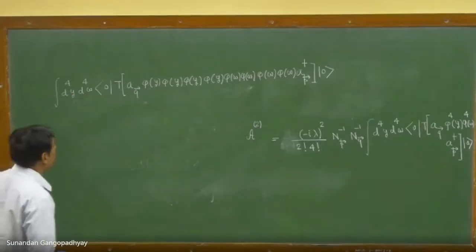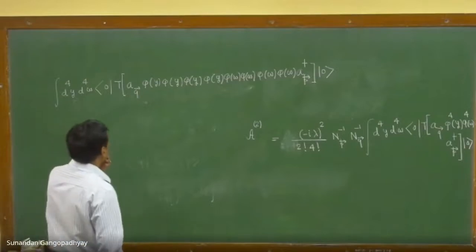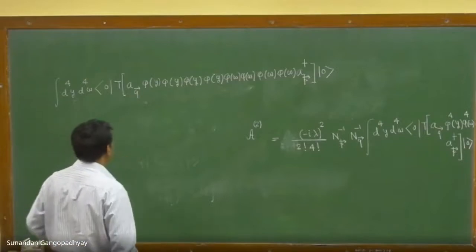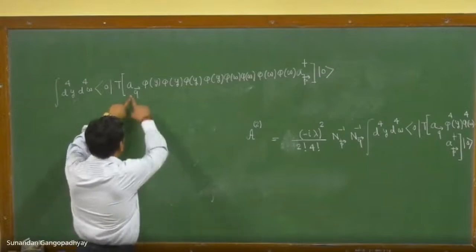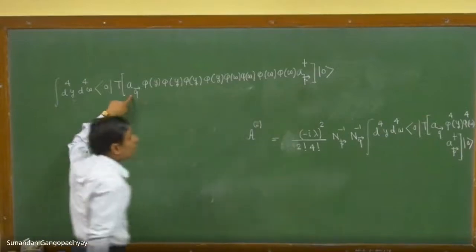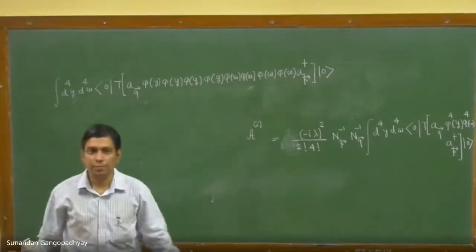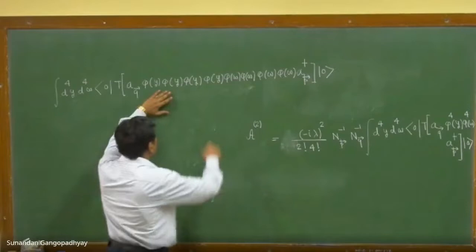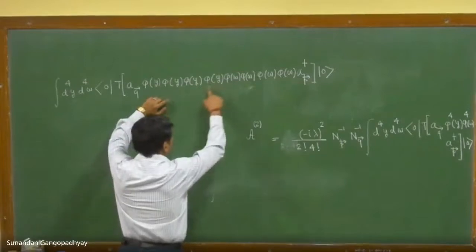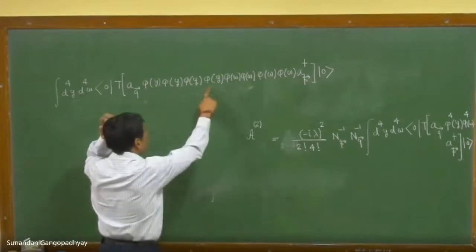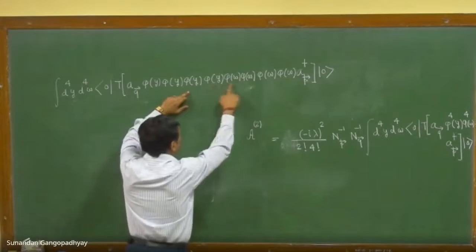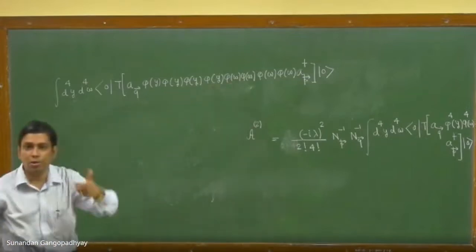And as I mentioned, there will be 2 kinds of terms. One where you just contract AQ with A dagger P and contract these operators among themselves. So obviously, in the contraction procedure, when you contract these operators, you have to contract basically phi y with phi w, right? That is how you contract the things.